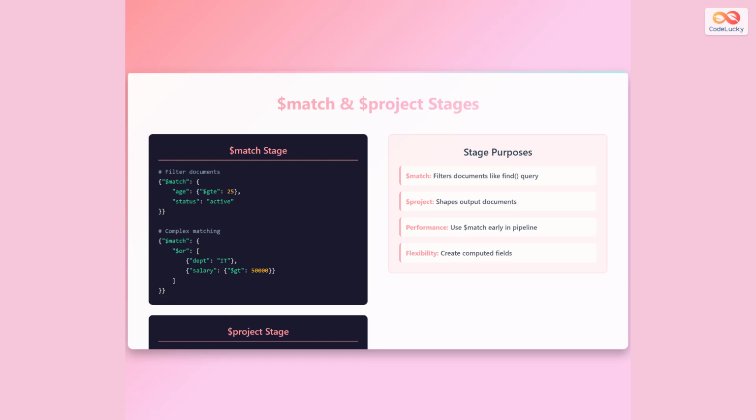The $project stage shapes the output documents by including or excluding specific fields. For instance, you can include only the name and email fields while excluding the _id field. Additionally, $project allows you to create computed fields by performing operations on existing fields, such as concatenating the first name and last name fields to create a full name field.